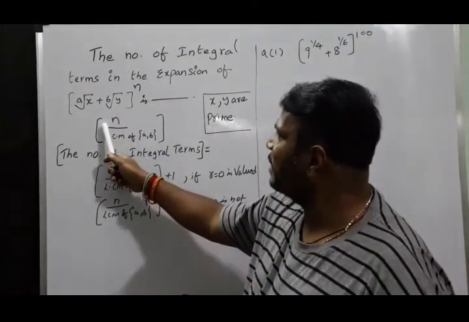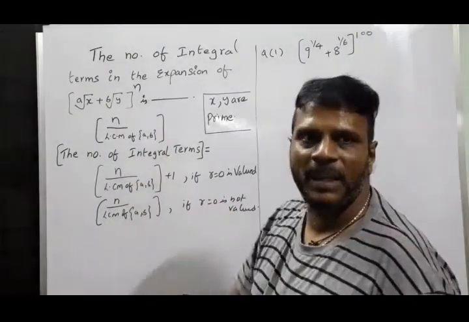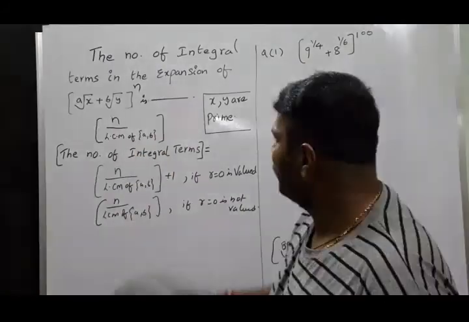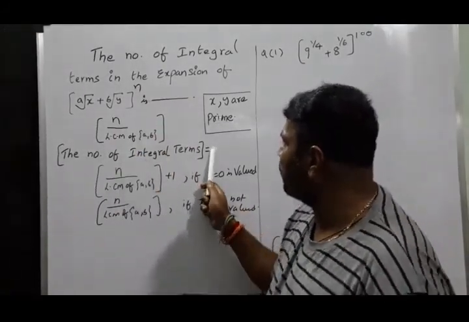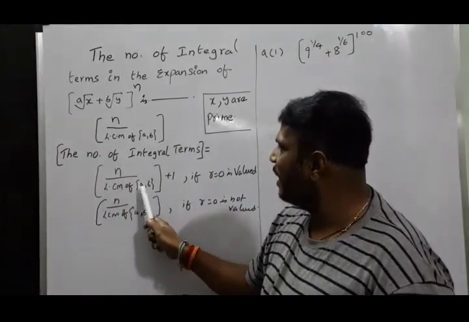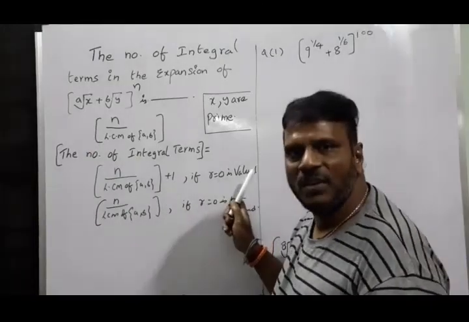Then find the value of floor of n by LCM of a, b. After finding this value, the number of integral terms is floor of n by LCM of a, b plus 1 if r = 0 is valid.